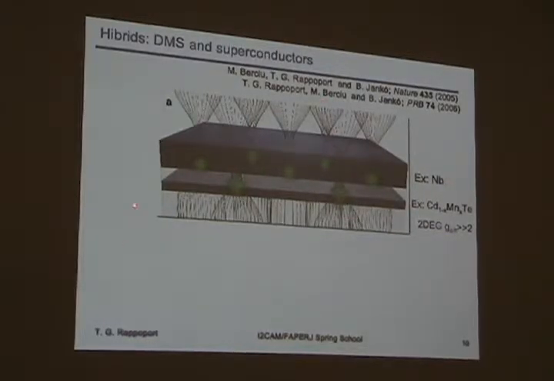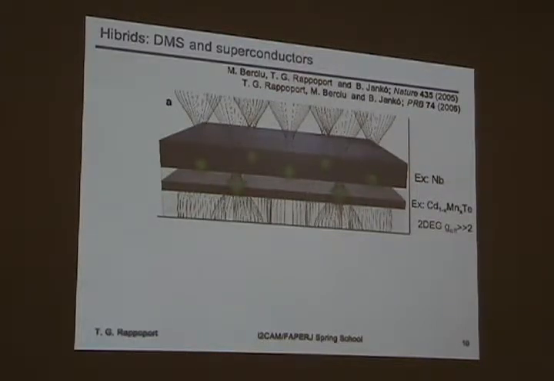We have a DMS quantum well that for us will be just a 2D electron gas with a very large effective g factor, and on top of it a superconductor in a vortex state that's generating these very homogeneous magnetic fields that spread out a little bit outside the superconductor, and then they can trap the spin polarized carriers.